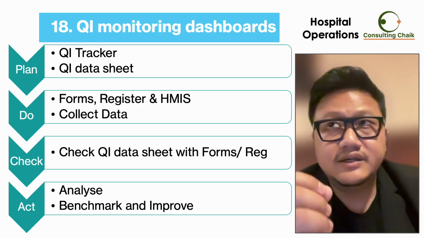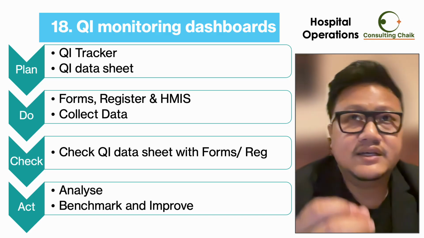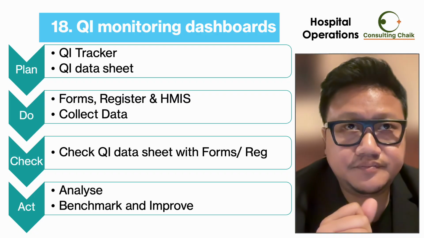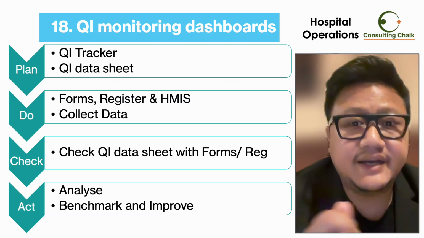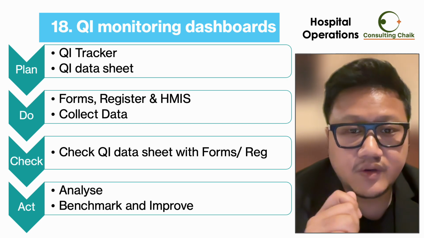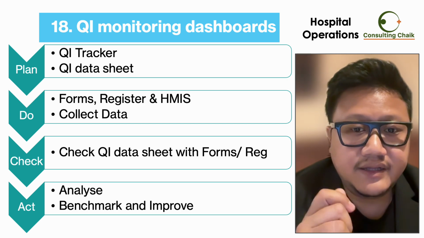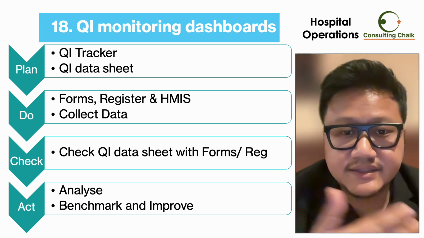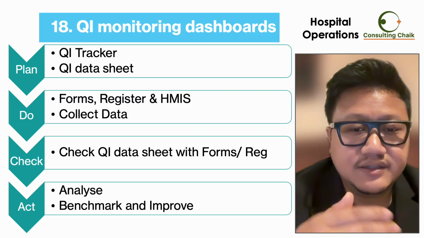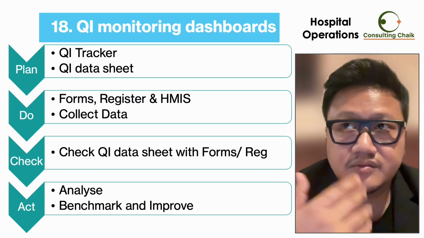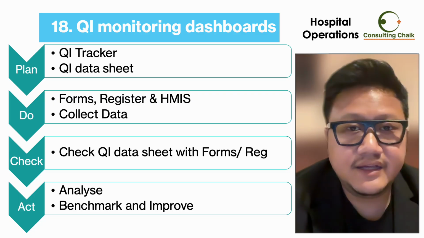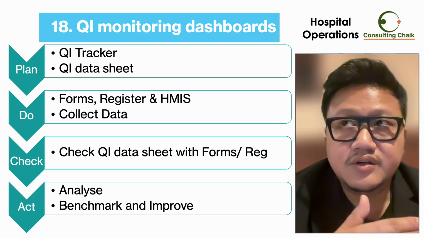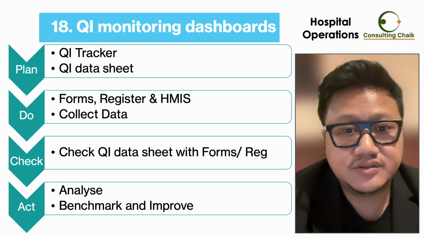There will be some misunderstandings, some mistakes that need to be corrected. Then you analyze the data, you see the trend, and accordingly you put benchmarks, and then you try to improve your process.